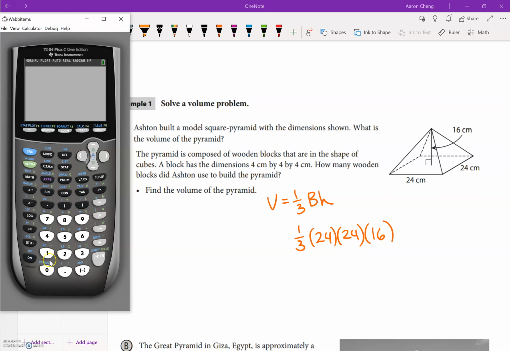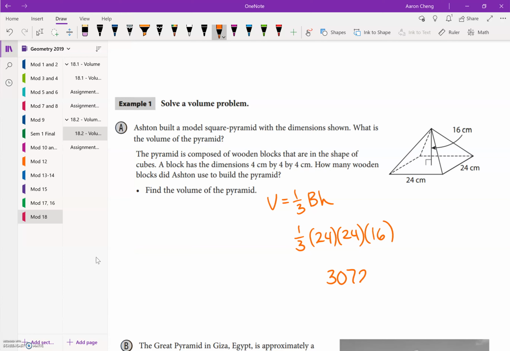So 24 times 24 times 16 divided by 3 gives us 3072. So our volume is 3072 centimeters cubed.